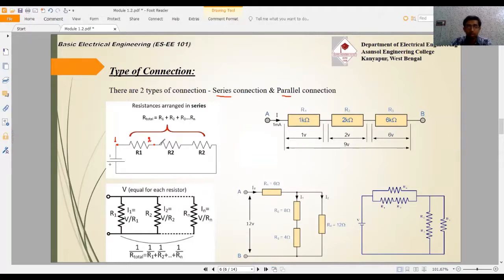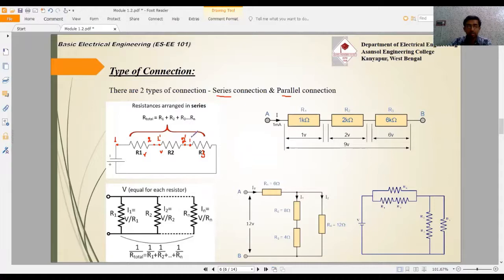For R2, suppose this one is 1 prime and this one is 2 prime. So series connection means the later part of R1 is connected with the first part of R2. Similarly, R2 and this R3 are connected in series.